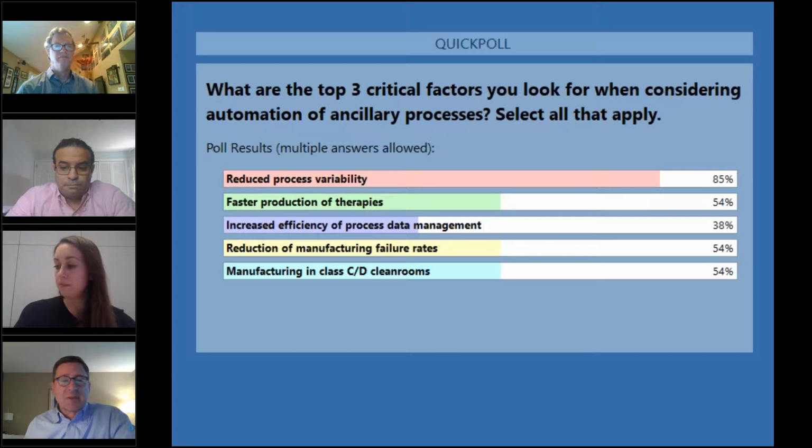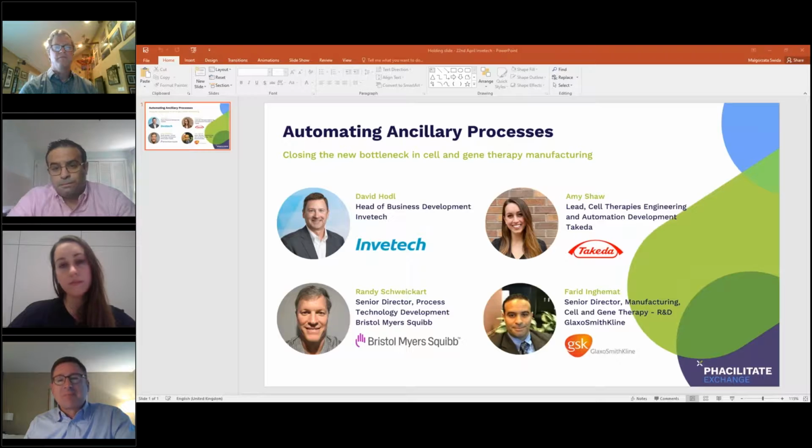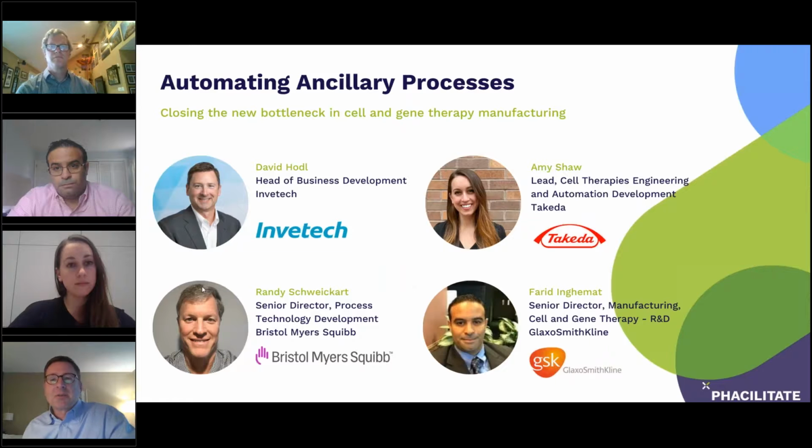We see process variability, we see reduction in manufacturing failures, and stepping down to Class C, Class D clean rooms, again hugely important here as well. So very consistent messages in what we're hearing. So continuing on the thread about data, QC, that type of integration, those considerations, Fareed, any additional thoughts there?